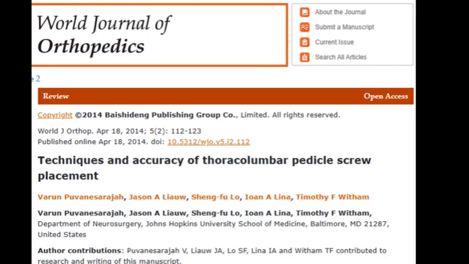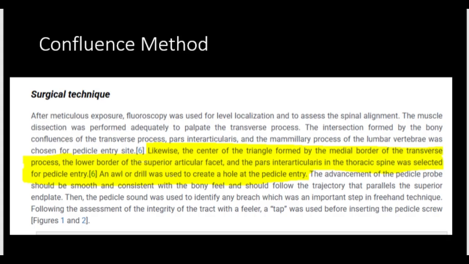So there is one more method called the confluence method. It is described in this paper, Techniques and Accuracy of Thoracolumbar Pedicle Screw Placement. In this, a triangle formed by the medial border of the transverse process, the lower border of the superior articular facet, and the pars interarticularis in the thoracic spine was selected for pedicle screw entry point.